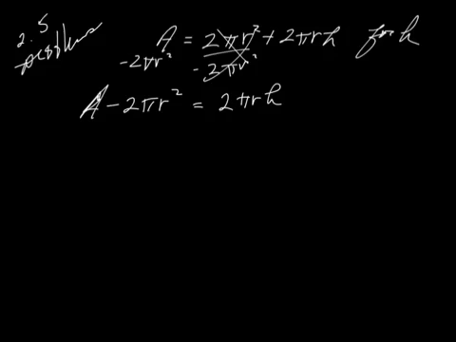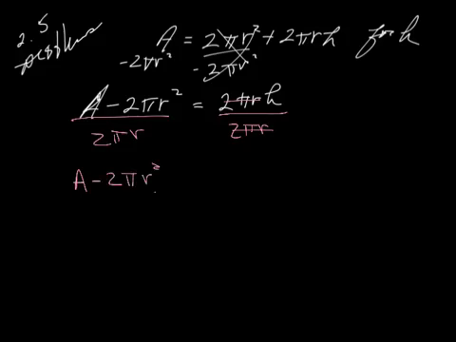Okay, so what do we have left? We're trying to find h, but we still have these. And since these are all three multiplied by the h, we can get rid of them in one fell swoop. So those go away. So I have A minus 2 pi r squared over 2 pi r. Alright, so let's split these up.